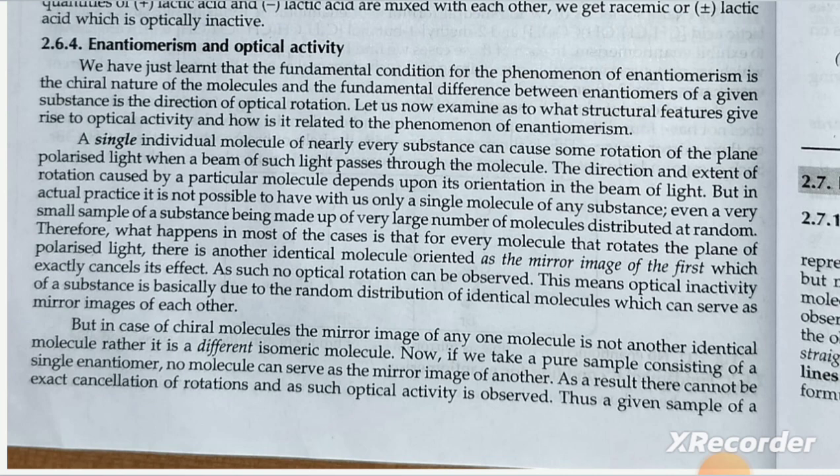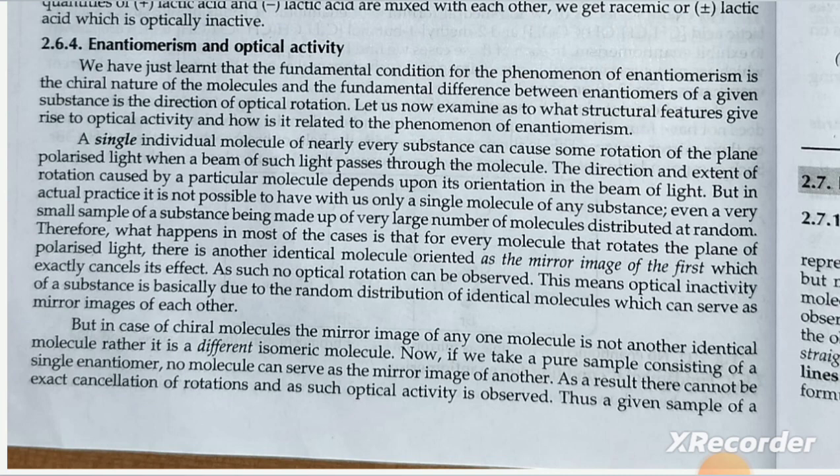But in the case of a chiral molecule, the mirror image of any one molecule is not another identical molecule; rather, it is a different isomeric molecule. Now if we take a pure sample consisting of a single enantiomer, no molecule can serve as the mirror image of another. As a result, there cannot be exact cancellation of rotation and optical activity is observed.